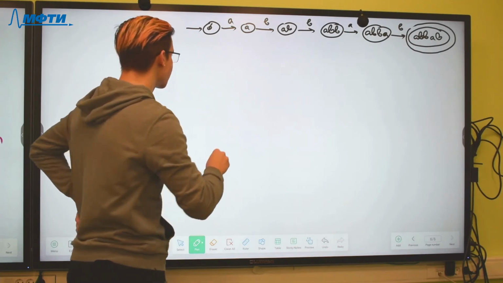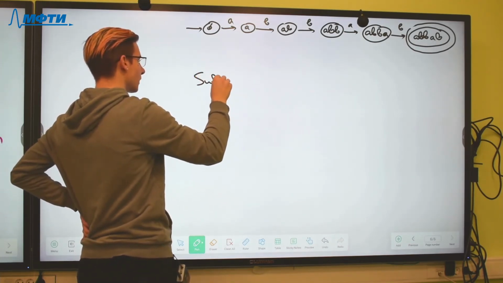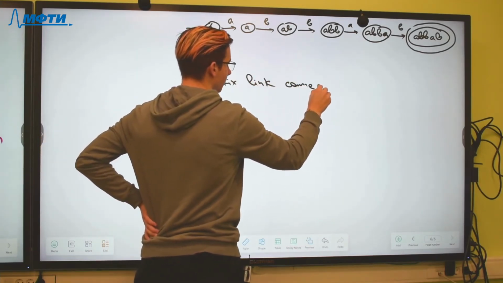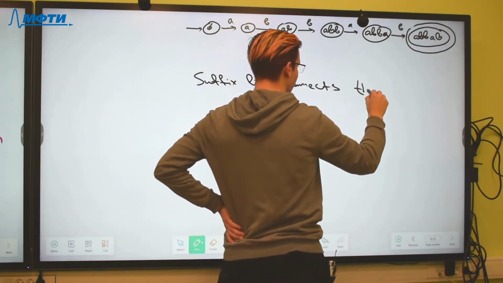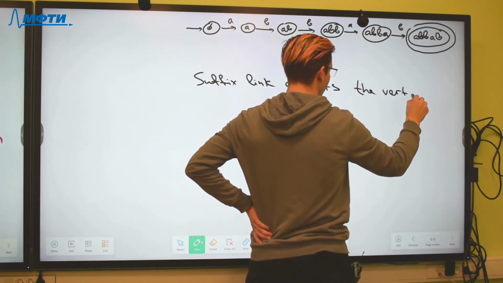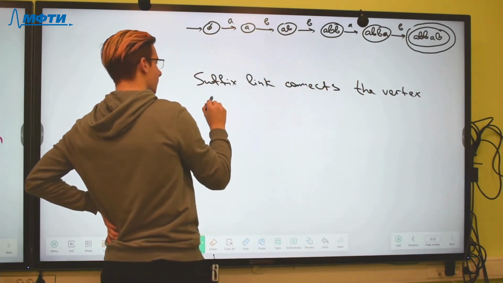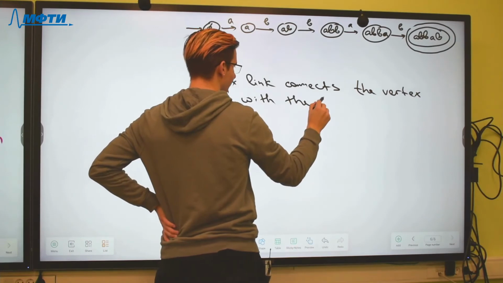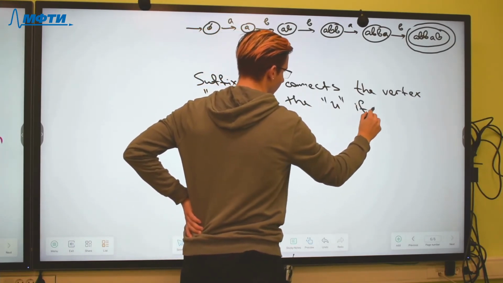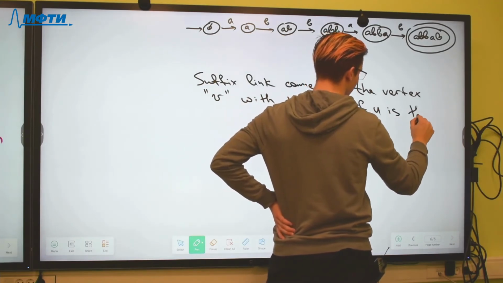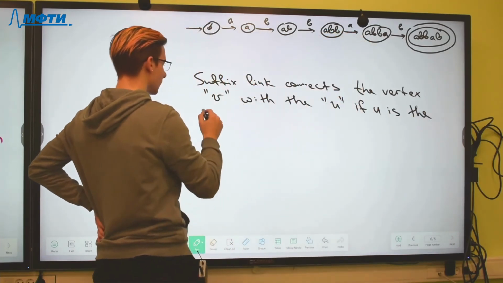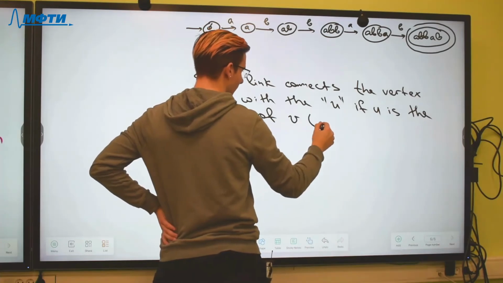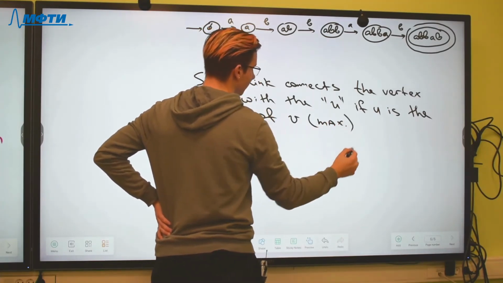A suffix link connects the vertex V with U, if U is the suffix of V, and it is the maximum suffix.